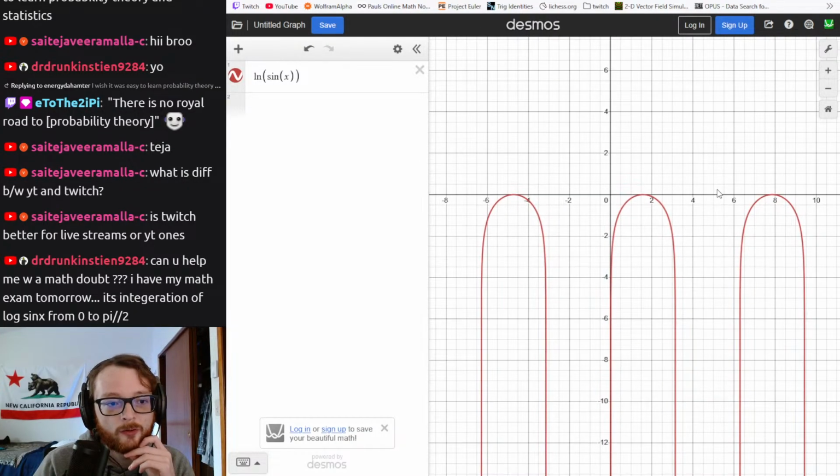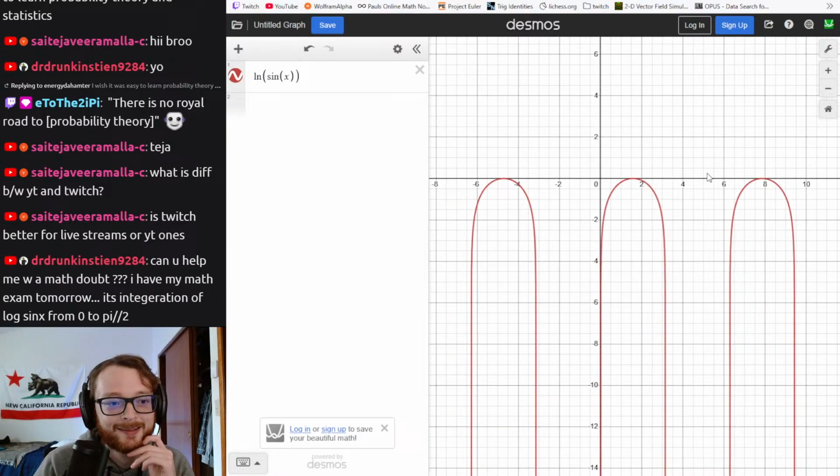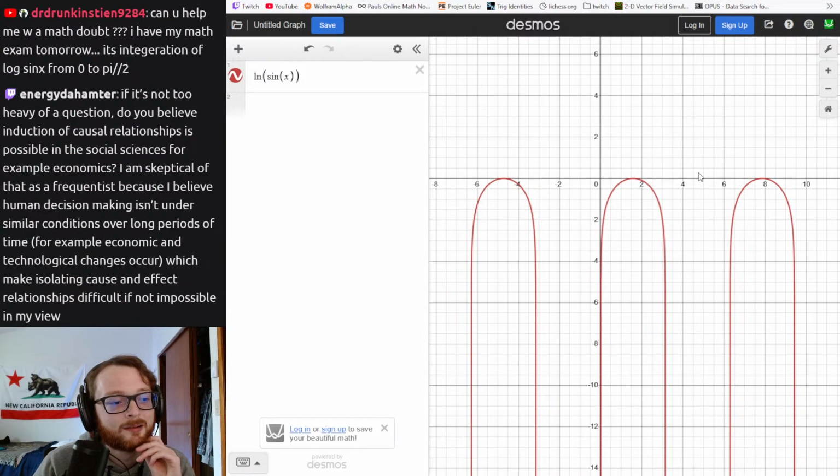Surely there's no way that this integral would converge, right? Is this possible to integrate analytically?